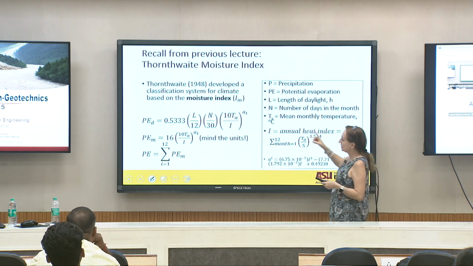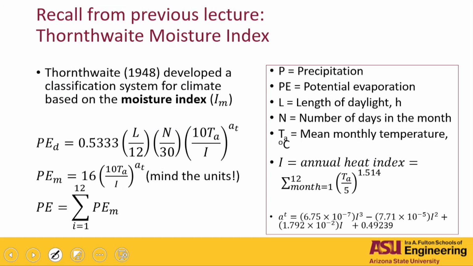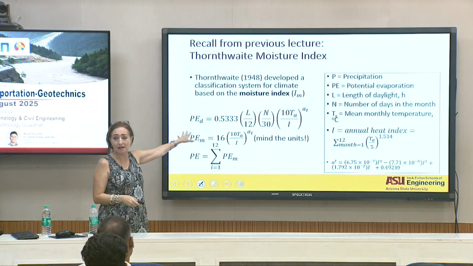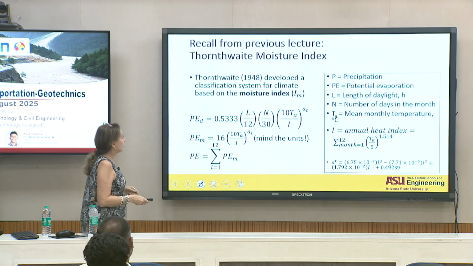And this can be used for a daily value for potential evaporation, all right? A lot of people, if you go for weather station data and you just click, give me the potential evaporation for that site, it might be using an equation like this or similar to calculate that value, okay?